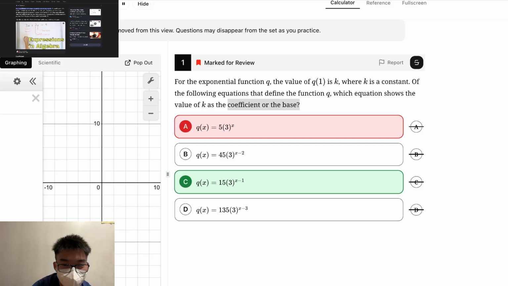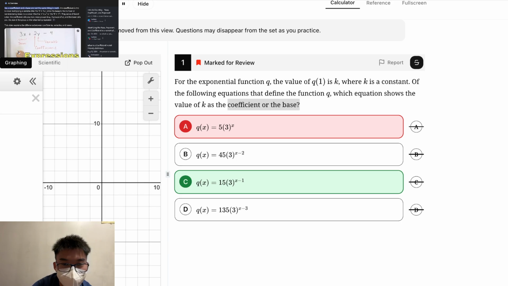Okay, screw me. 2 of x, the base is the number being raised to the power. K is the constant, so k has to be equal to the coefficient or the base.